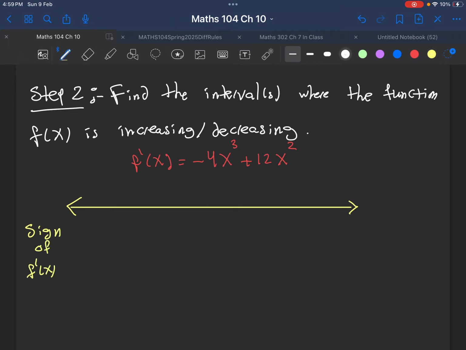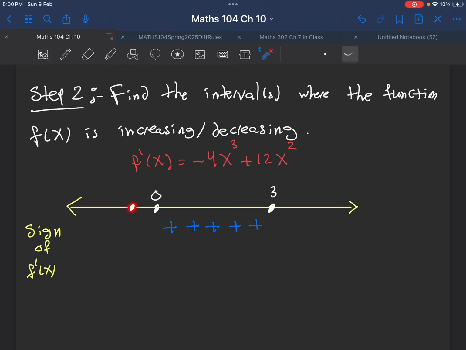Now, what I want from you, choose any number between 0 and 3. I will choose 1. I will not write it down, but I choose 1. What you will do, substitute 1 here and 1 here. Well, if you do that, the answer will be 8, which is positive. I don't care about the exact answer. All I care is I get positive in this interval.